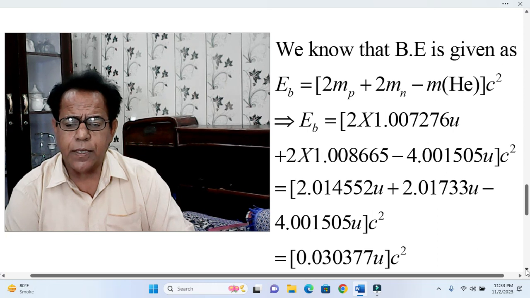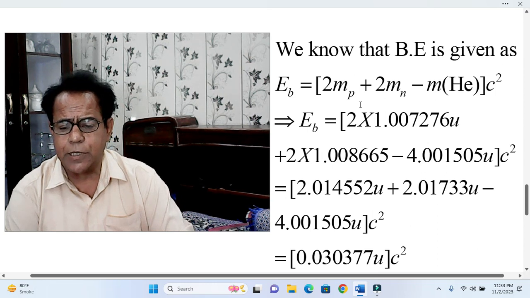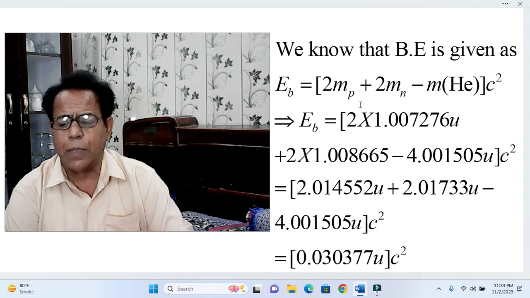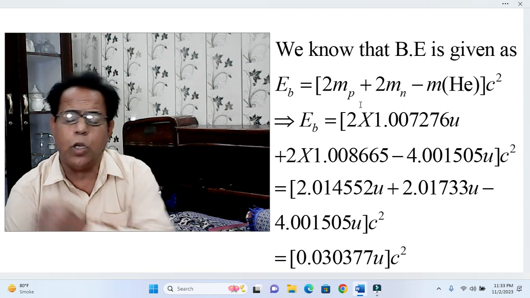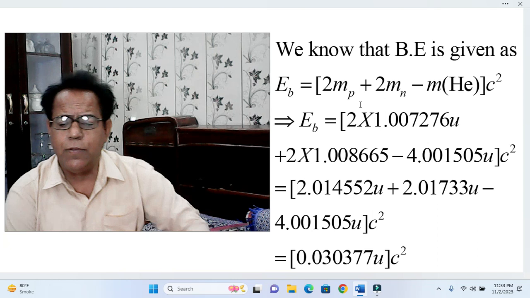So binding energy EB is equal to 2m_p plus 2m_n minus M helium, the mass of helium, into whole c square, where c is the speed of light.